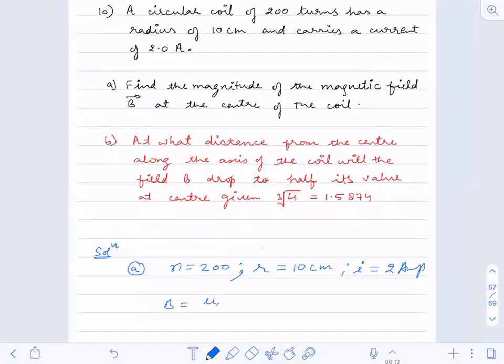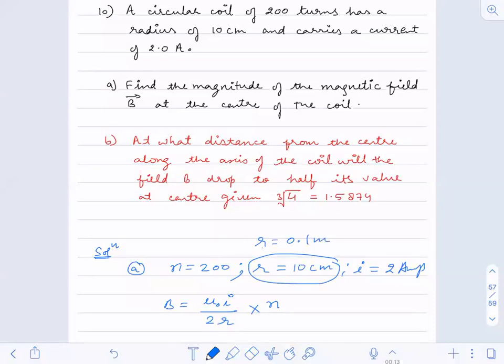It will be mu naught I divided by 2R. Now there are n turns, so you have to multiply by n. That is the only difference. One more thing: the centimeter has to be converted into meters, so R will be equal to 0.1 meter.